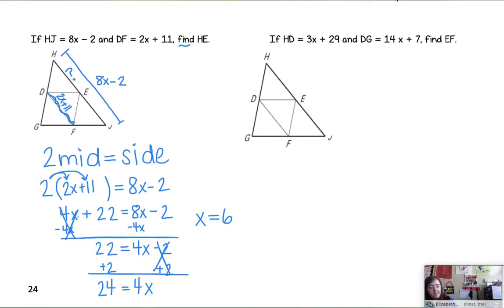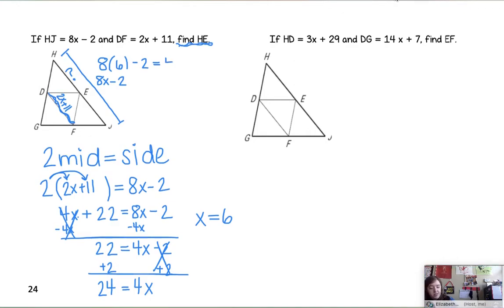But we're trying to find the length of HE, right? So here's what we'll do. We'll find out the length of HJ. So we know x is equal to 6. So 8 times 6 is 48.